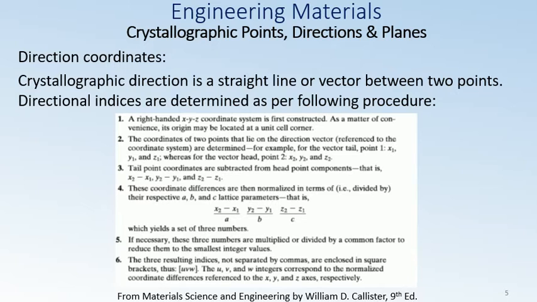You have a starting point for which the coordinates will be 0 0 0 or some other location that has other coordinates, and then you go on to the final point and draw coordinates for that point, and then simply subtraction gives you the coordinates that are then determined for the crystallographic direction.